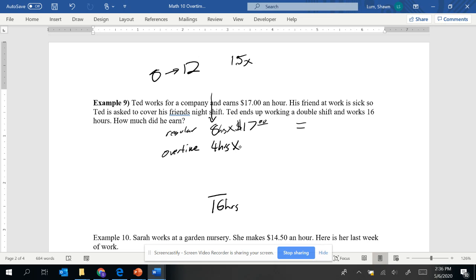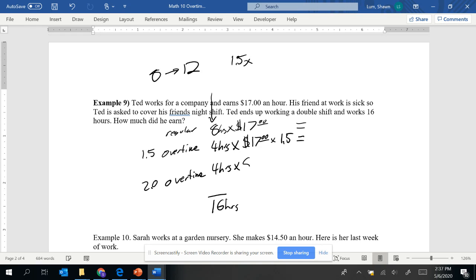But for the next 4 hours, he makes his wage, $17 an hour, times time and a half, so 1.5 times. Okay. Now he gets his second overtime, his double overtime. Now this is 8 plus 4, that's 12, and in order to get 16, we need 4 more hours.